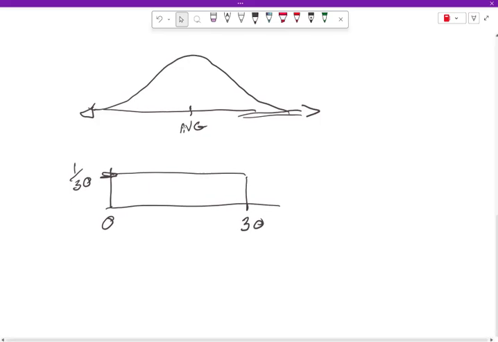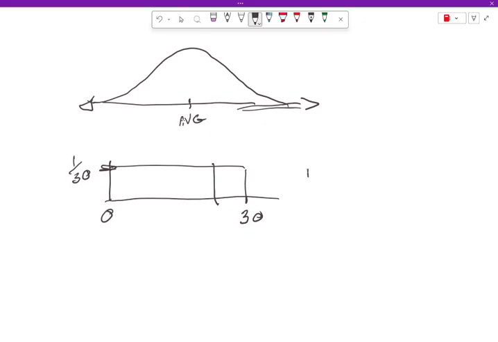If we want the probability of less than 20, the individual probability of 20 in a continuous distribution is basically 0. So probability of less than 20 is 20 over 30.